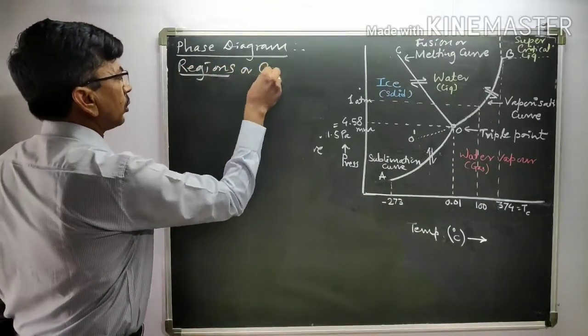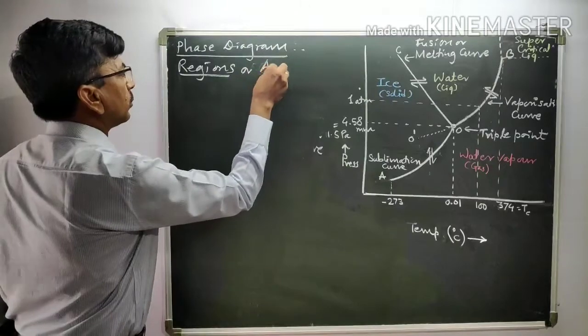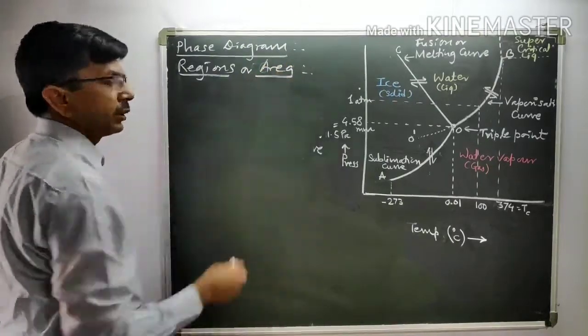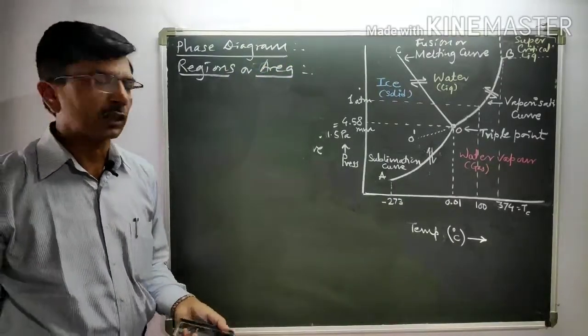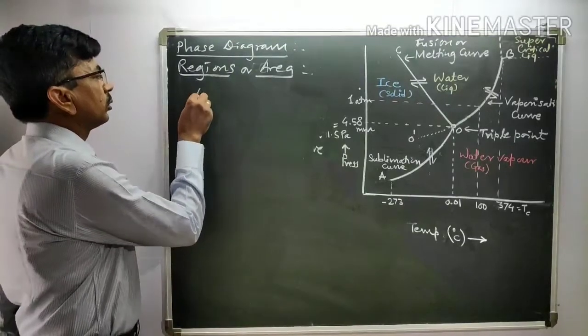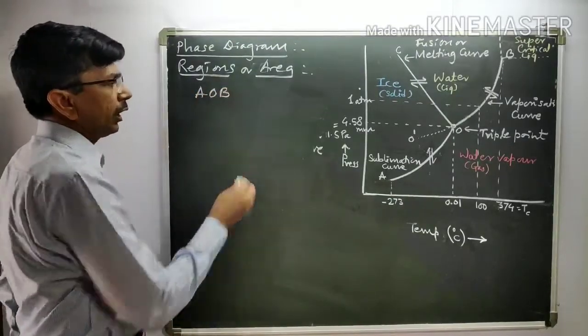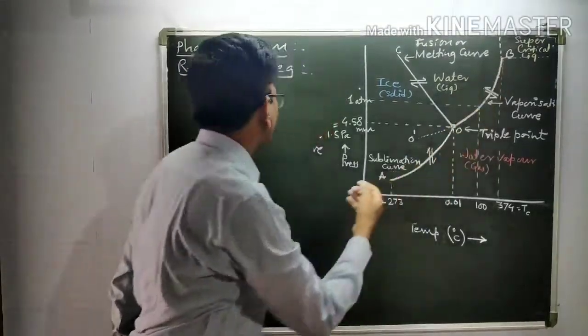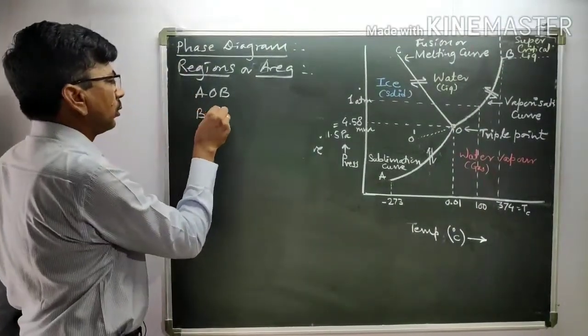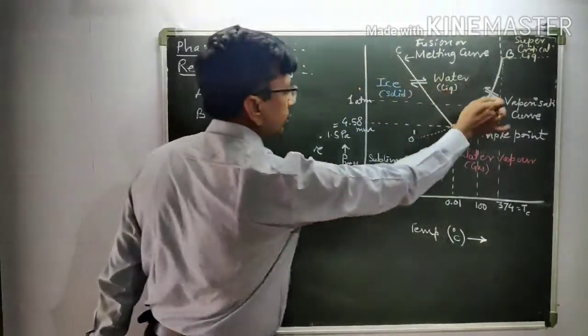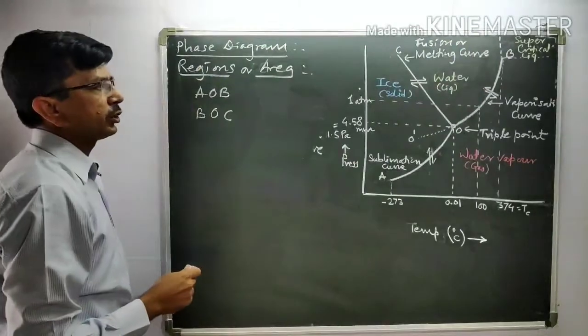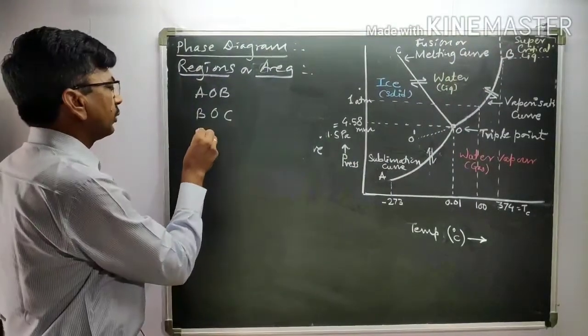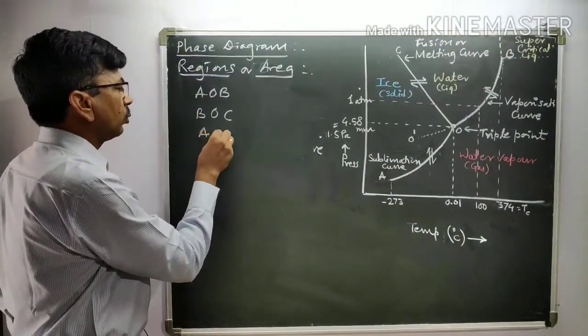There are three regions or three areas. Which are those? Area AOB, that is this one. Then area BOC, the area where it exists only as liquid water. And the third one is the area AOC.